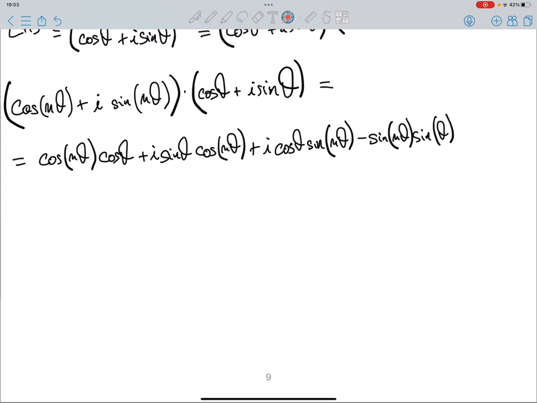Now we can factorize because we have i and i.